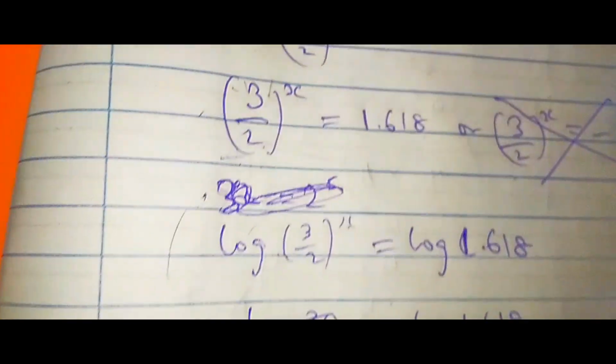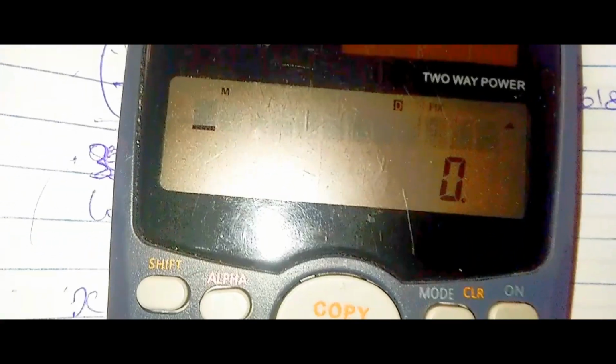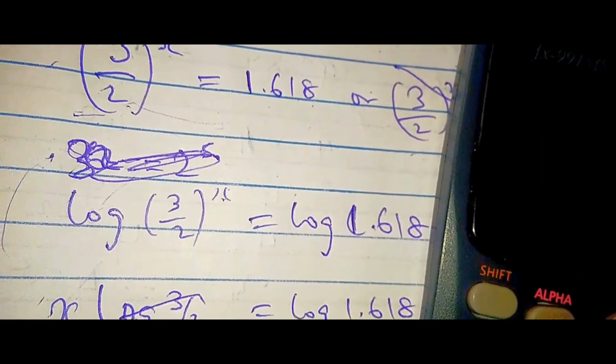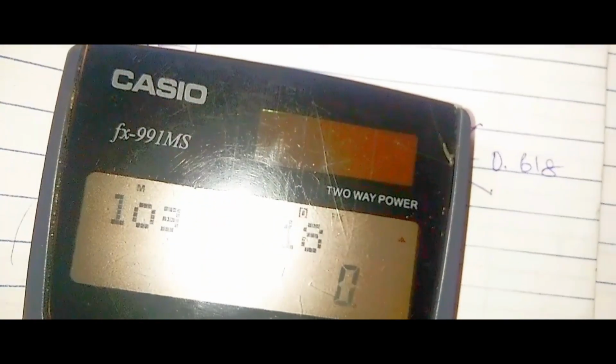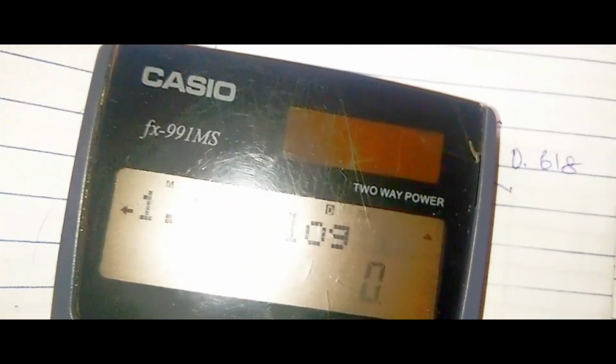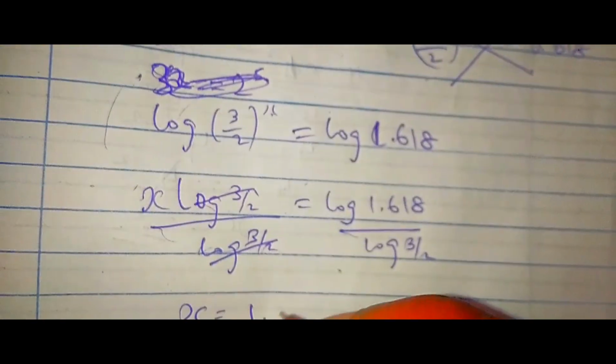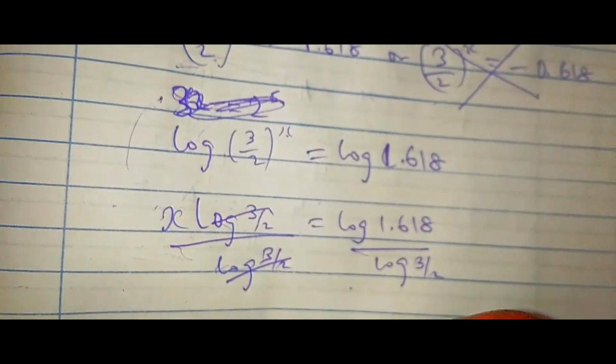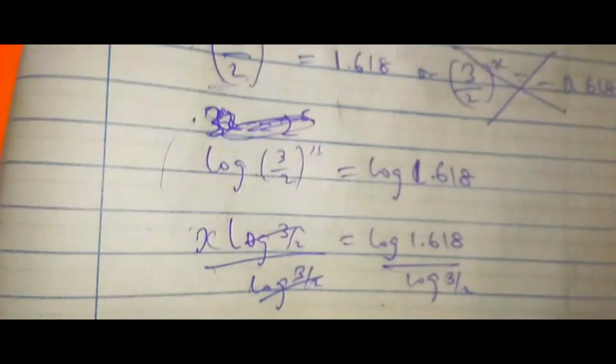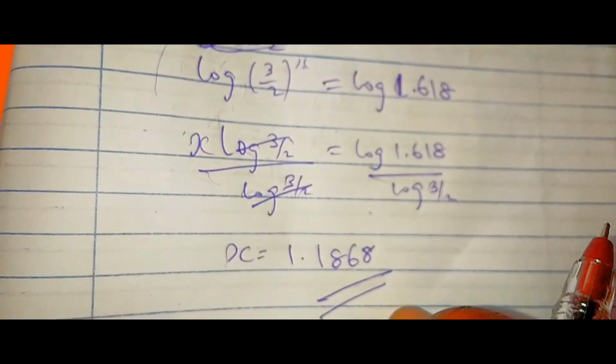So our x is going to give us log 1.618 divided by log of 3 divided by 2, which is actually 1.5. So our answer is going to be x is equals to 1.1868. So this is the value of x.